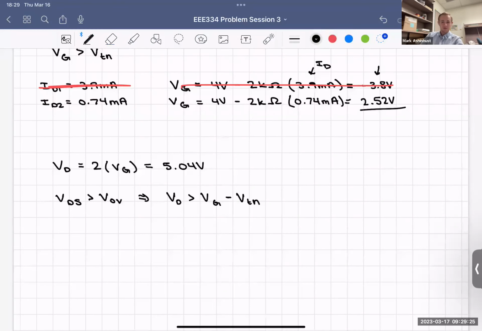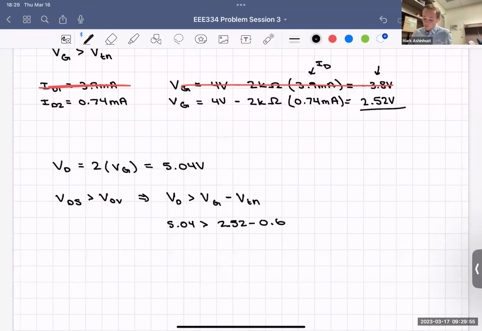VD is 5.04, and then VG is something less than 2.52. It's 2.52 minus 0.6. So we are in saturation, which meets what we said. It meets what we wanted to be in. So therefore, we're all good.